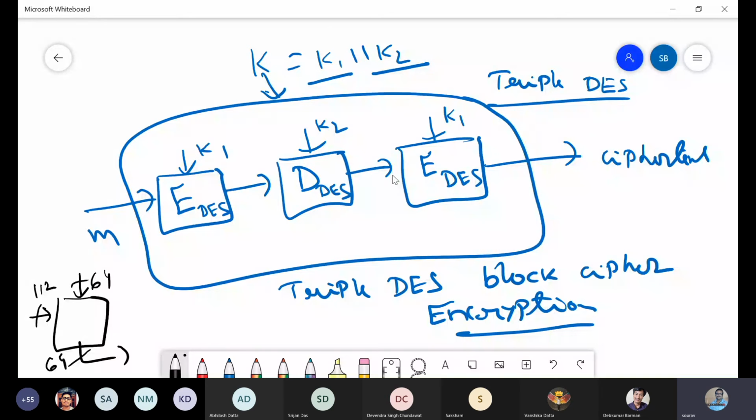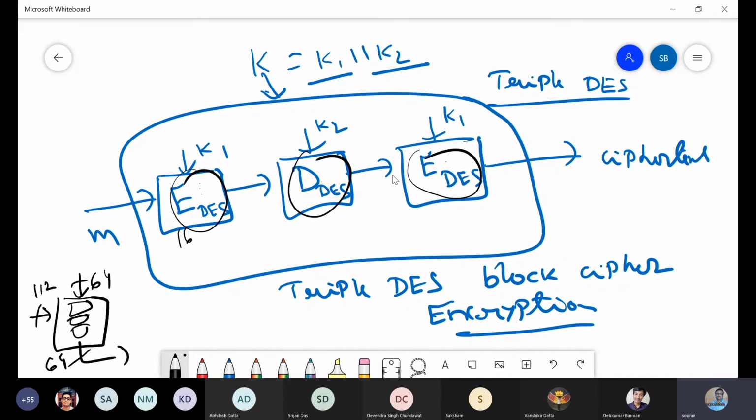Now, can anyone tell me how many rounds are there inside this? Is this clear, the triple DES encryption function? My question is how many rounds? 48 rounds, because each of these has 16 rounds. Inside this we have 16 Feistel structure rounds, inside this 16, and inside this 16.